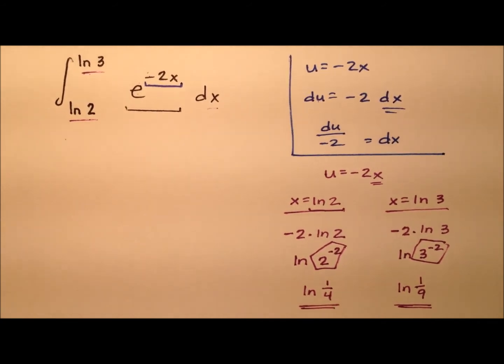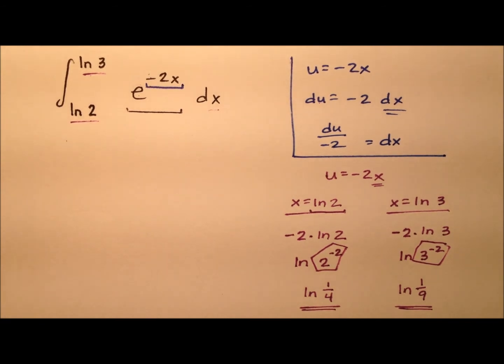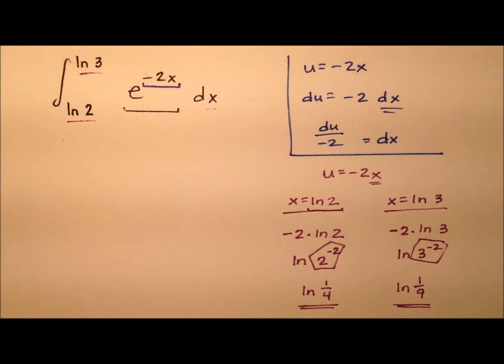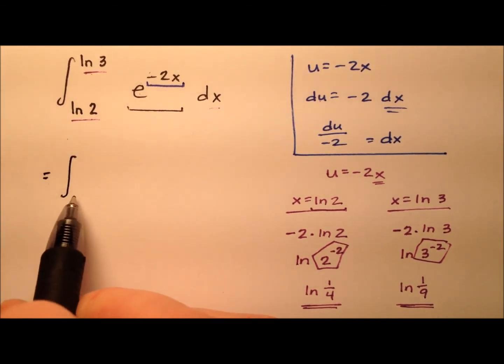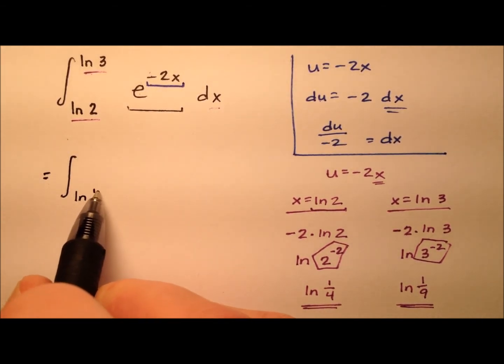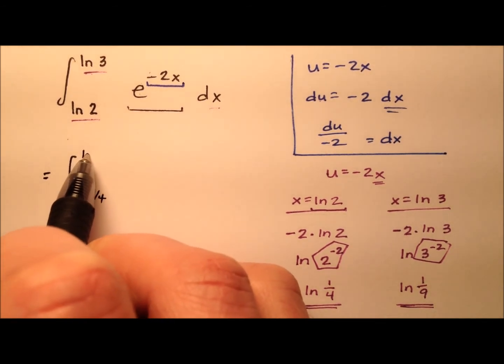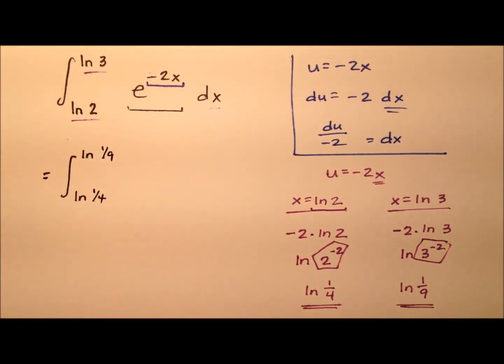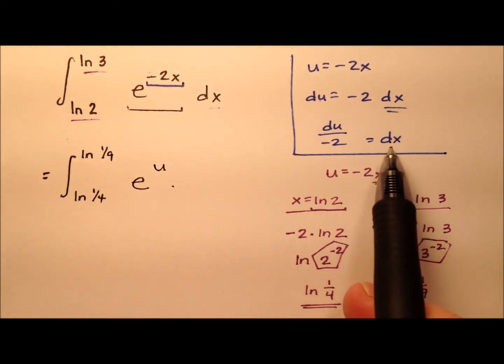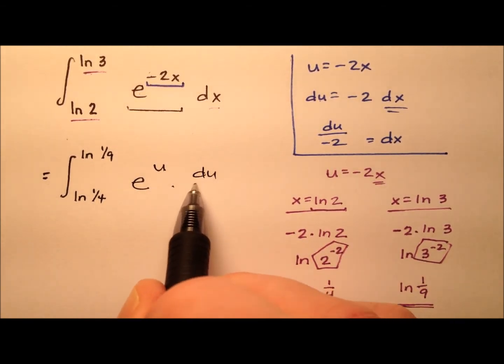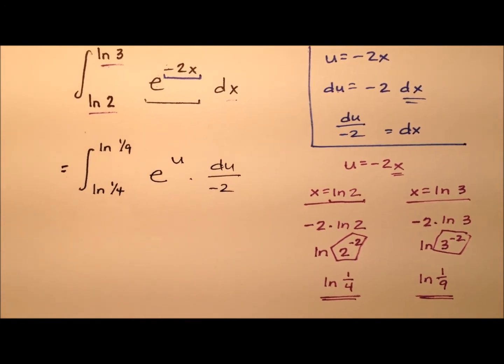So let's go ahead and do that, and then rewrite our integral now in terms of u. So our integral will be from the natural log of 1/4 to the natural log of 1/9, and that's going to be e to the u, and then this dx ended up being du over negative 2.